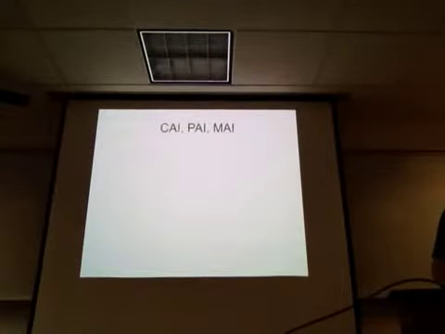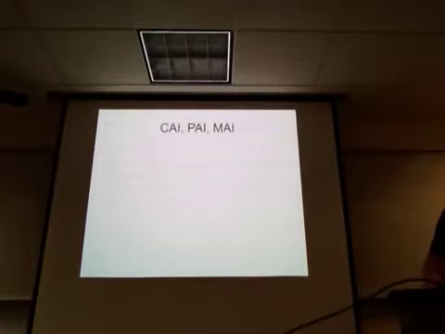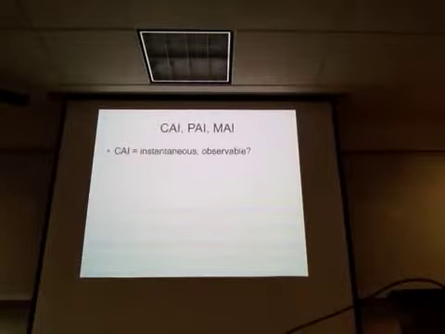So we have these three: CAI, current annual increment, PAI, periodic annual increment, and MAI, mean annual increment. Current annual, periodic annual, and mean annual. This instantaneous growth rate, in forestry we call current annual increment.